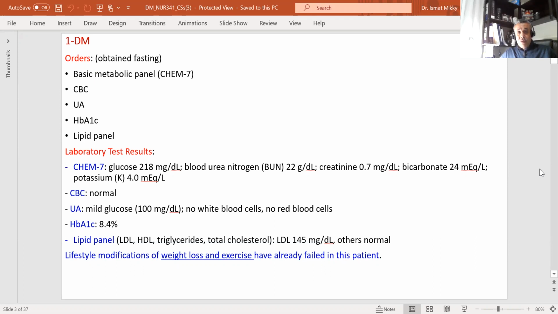Glucose was 218. And we said that the normal fasting should be below 100. A person with pre-diabetes has a fasting between 100 and 125. And we talked about the oral glucose tolerance test earlier.